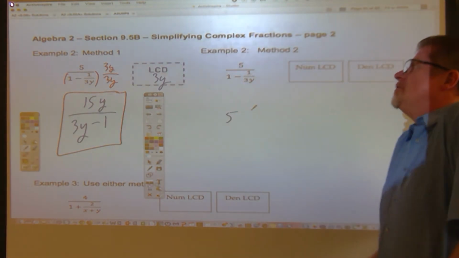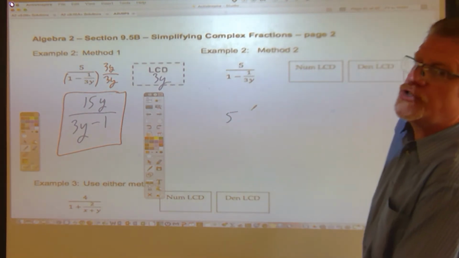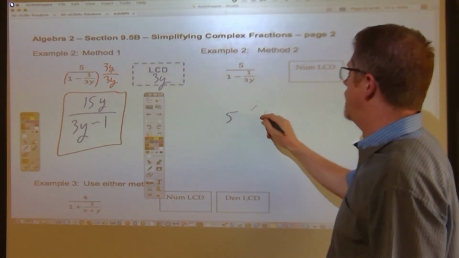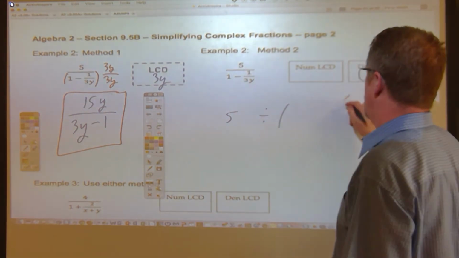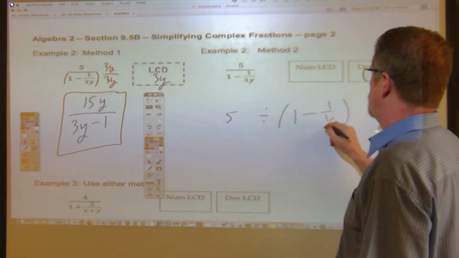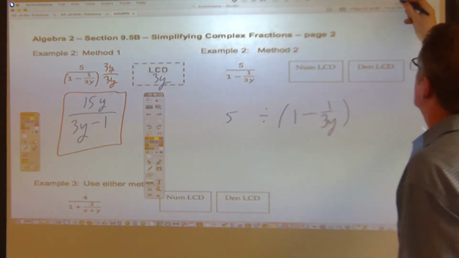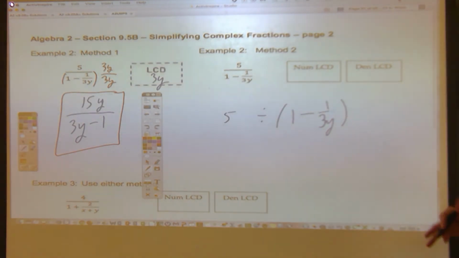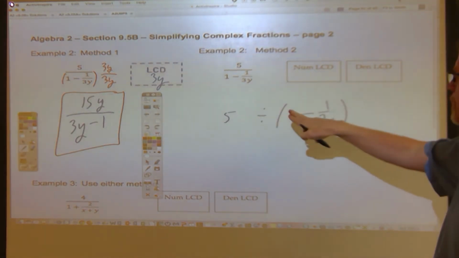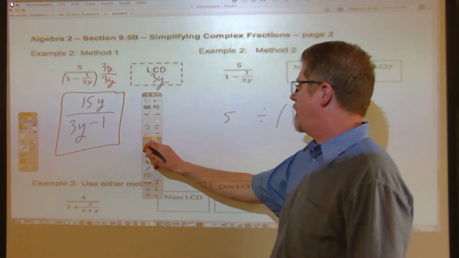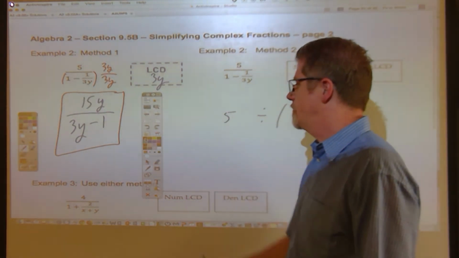So for those of you secret method 2 users, let's write this as 5 divided by 1 minus 1 over 3y. And class, go ahead and humor us. Humor the method 2 users by actually doctoring up the number 1 so that you can subtract fractions.